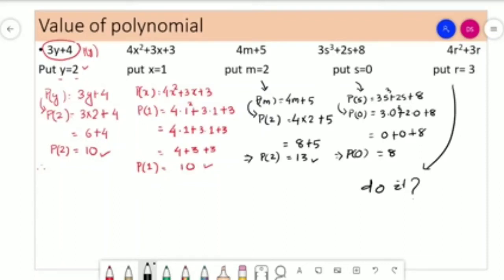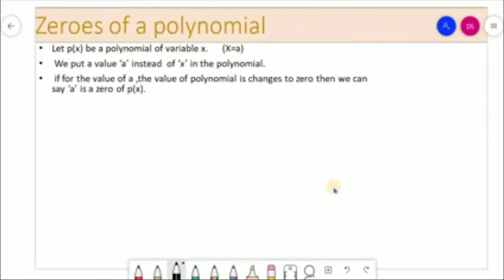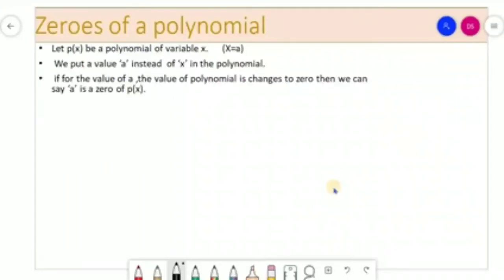Okay. Now next, we will discuss what is the zero of a polynomial. So in order to find the zeros of a polynomial, first of all we have to know what the zero of a polynomial is. Now let's suppose here is one polynomial of variable x, like ax square plus bx plus c.